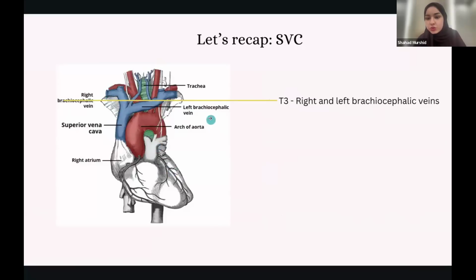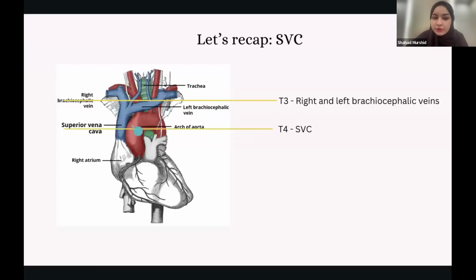You're going to see them as individual structures, and you're going to see the left brachiocephalic as a horizontal structure, because it starts from the left side but has to drain into the SVC, which is on the right side. So it's going to cross over and drain into the SVC. This is why you see the left brachiocephalic as horizontal, and this is very important. You're going to see them next to each other, so you're going to know it right away.